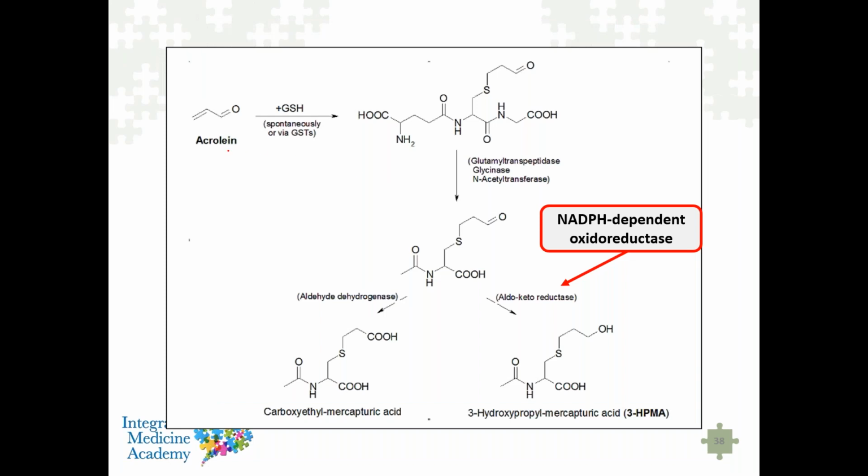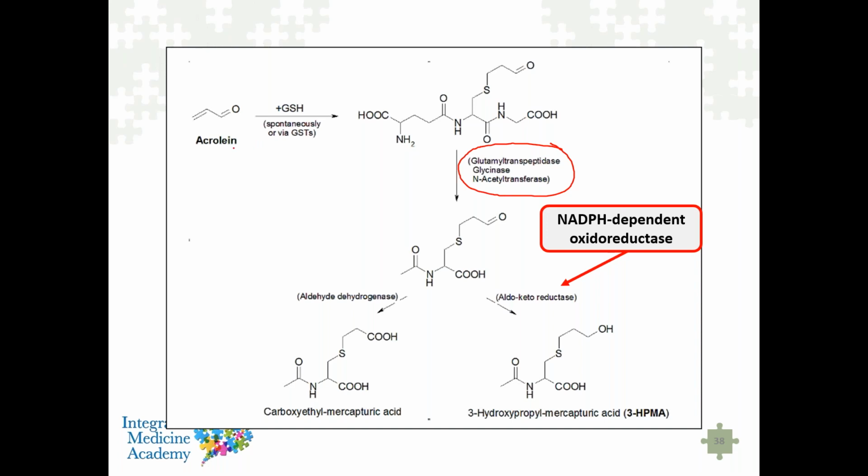So here's acrylene, which is an aldehyde that gets acted upon by glutathione in attempts to render it less toxic. And so it formed a compound, called glycinase and acetyltransfer. Excuse me, it basically converted it, and then we have another enzyme which tries to metabolize it.